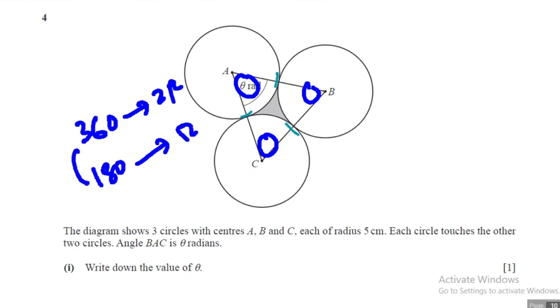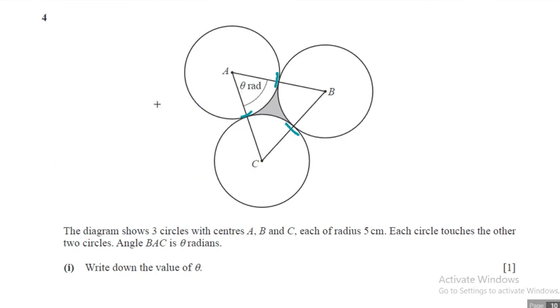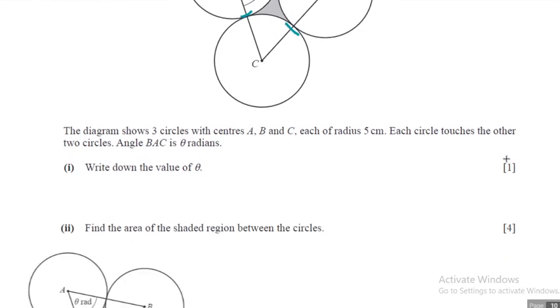You distribute that pi equally into 3 parts, and you get theta. That's why here is just 1 mark. So theta is equal to pi over 3. Simple as that.